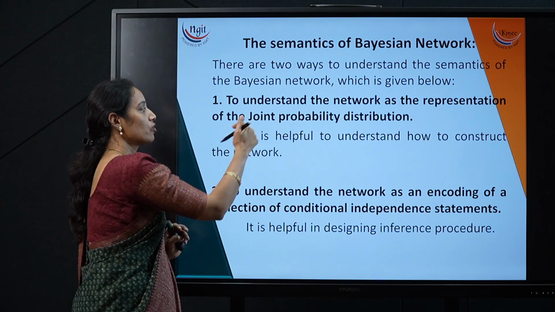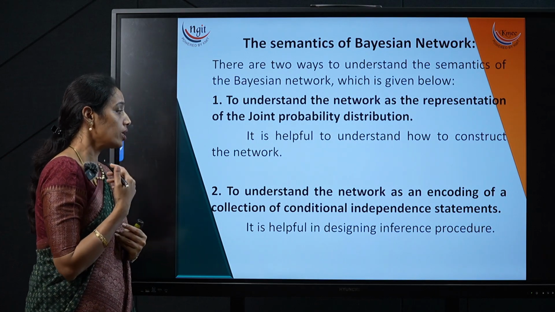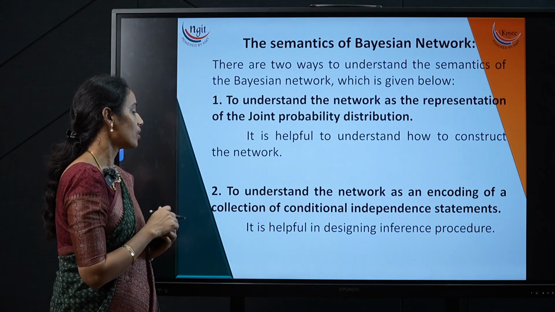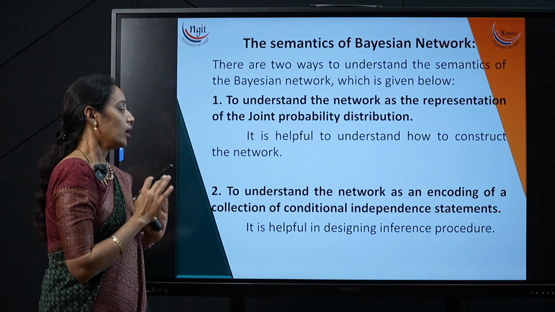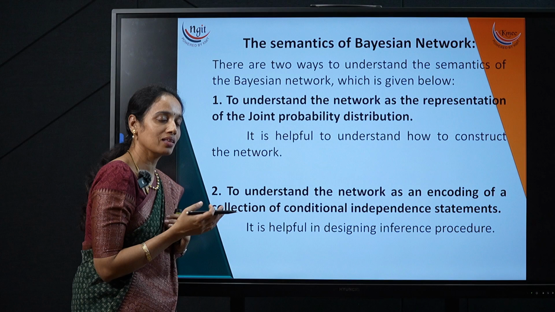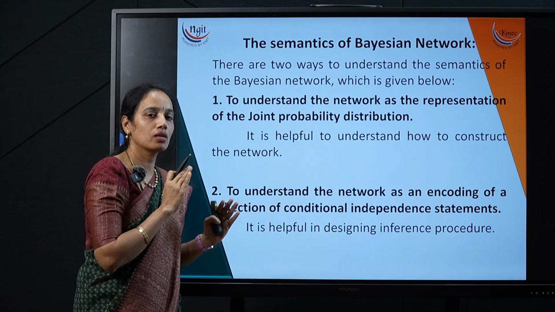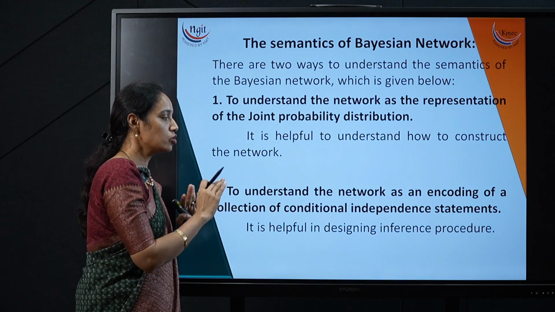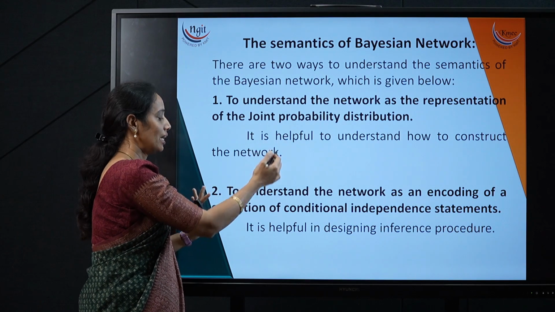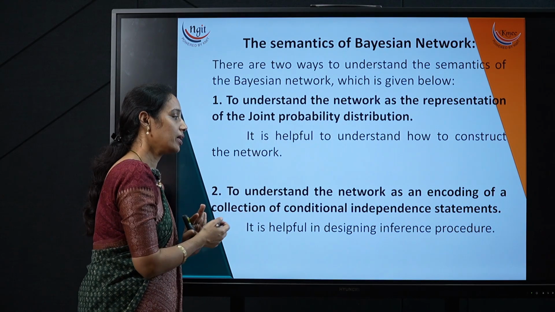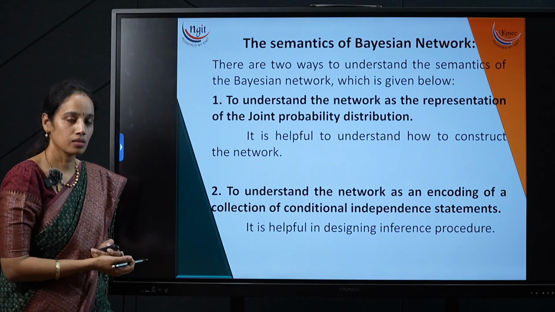To construct that network, we should be aware of this joint probability distribution. And the next one is to understand the network as an encoding of a collection of conditional independence statements. That is helpful in designing the inference procedure. We know that inference is deriving conclusions from existing information. So this is all about Bayesian belief networks. Thank you.